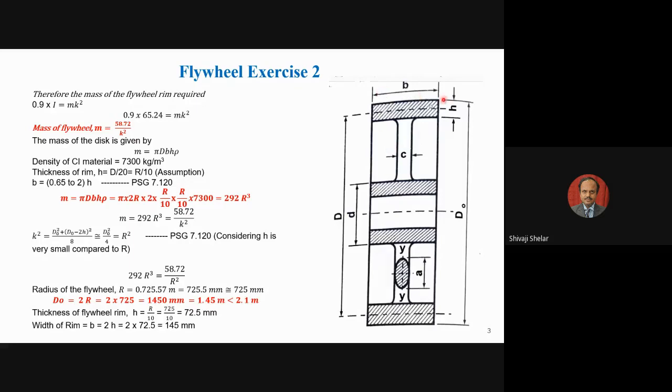But in the case of large rimmed flywheels, the external surface is a flat surface, and this flat surface may be used, or may have V grooves, for transmitting power by a flat belt mechanism or a V belt mechanism.